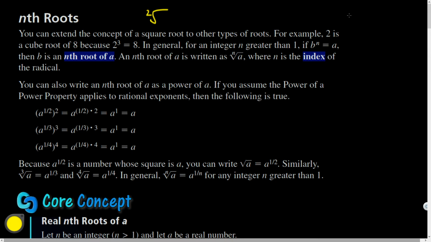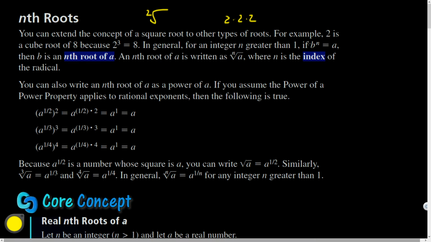So a cube root is asking the question: what number multiplied by itself a total of 3 times, so there are 3 factors, 2 times 2 times 2, will give me 8? That's the question being asked when someone asks for a cube root. What number multiplied by itself a total of 3 times will give me the number on the inside?